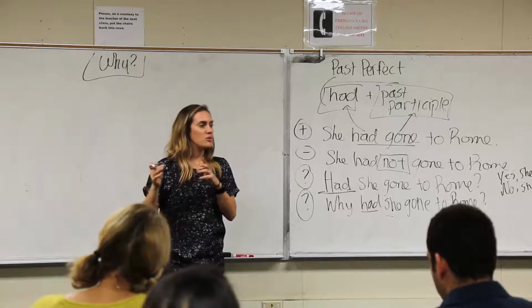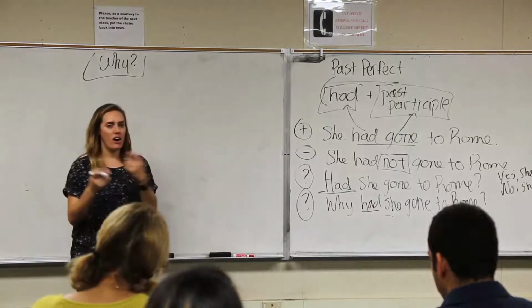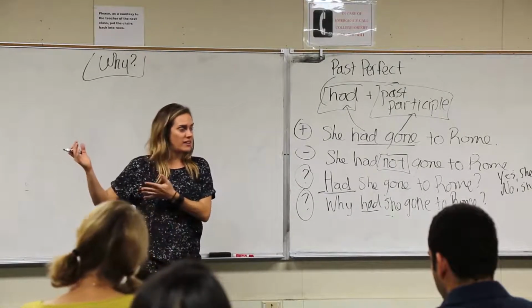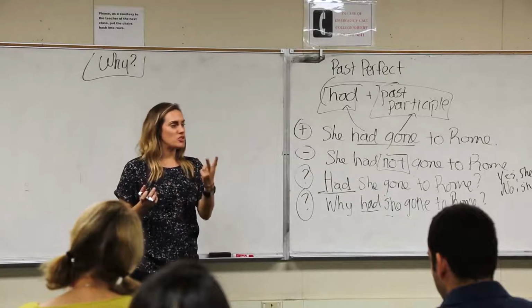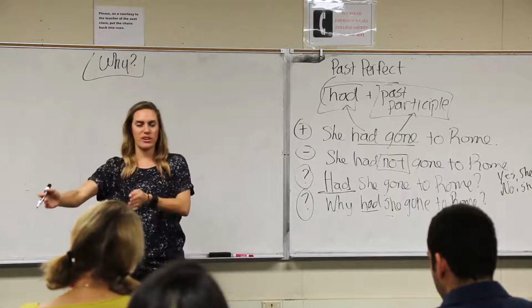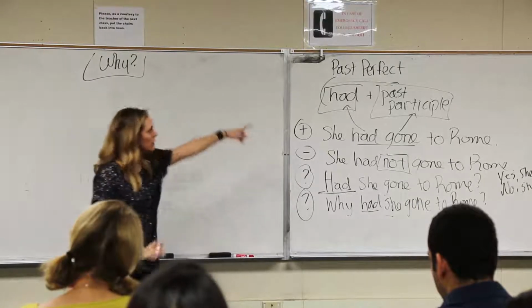We already have the simple past. We can say I woke up at 6 o'clock. That's simple past. But sometimes we have two or three things in the past, and we need to explain which one happened first and which one happened second. So that's why we use this, okay?